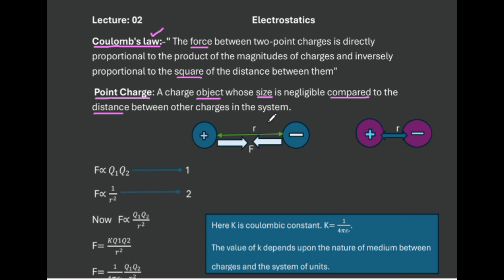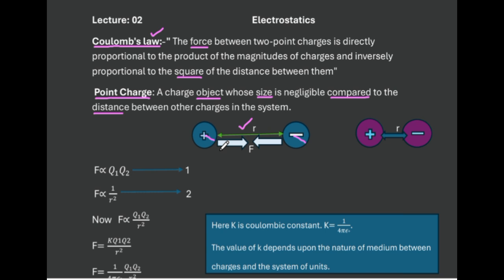Let's consider two cases. One is this and the other is this. In this case, the size of this charge, as compared to this distance, is very small, so we treat these charges as point charges.